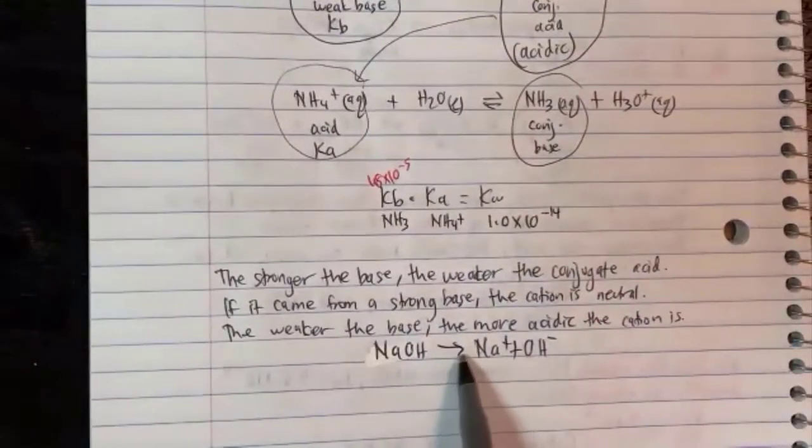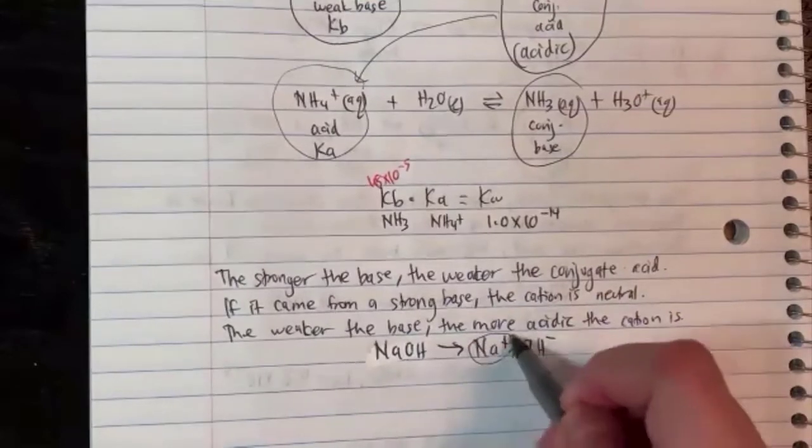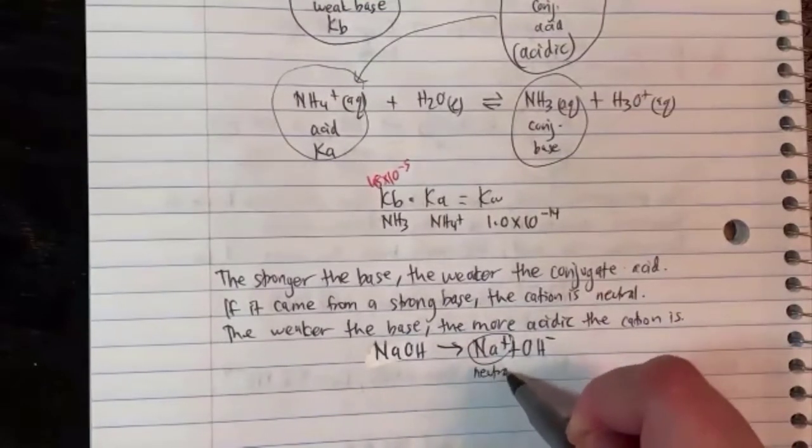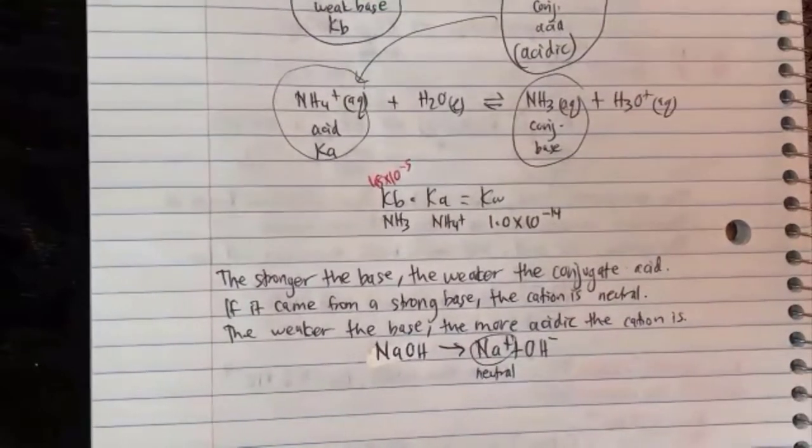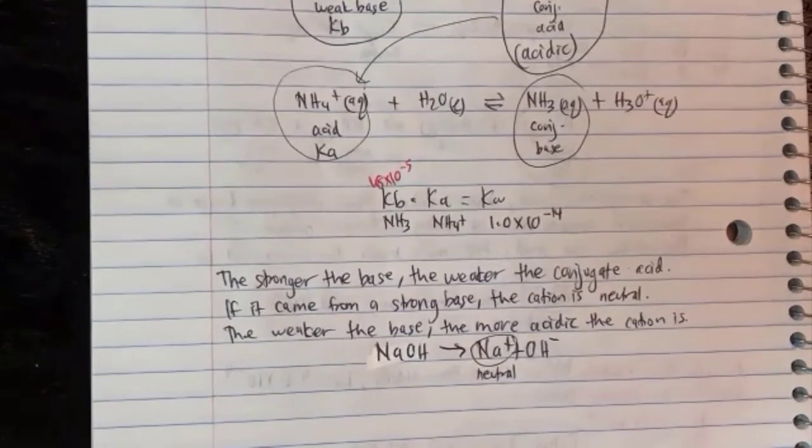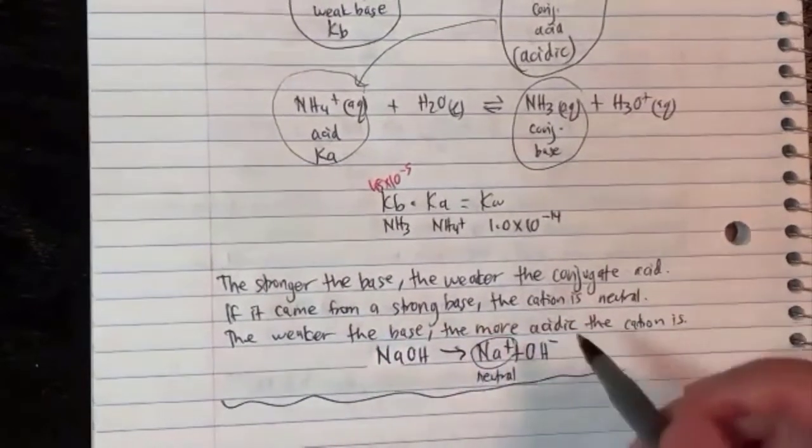That's a one-way street. It doesn't go backwards. So this guy here, neutral. That's why I always say the sodium in sodium carbonate, sodium bicarbonate is completely neutral because it came from a strong base.